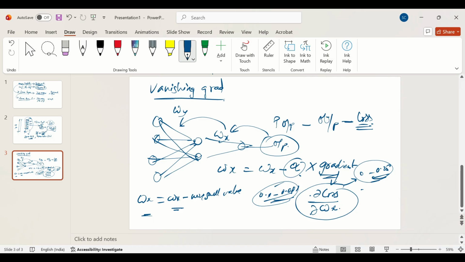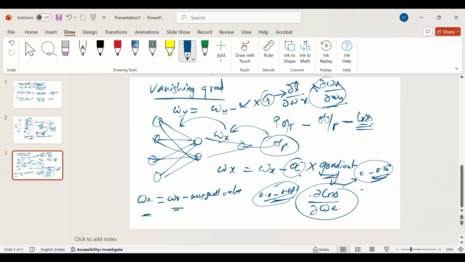Similarly, if you see the Wy equation, it is somewhat like this: Wy minus learning rate into the gradient. The gradient is a chain rule because this is the first layer. This will be the loss upon the Wx into derivative of Wx by Wy. So this chain rule is applied here.